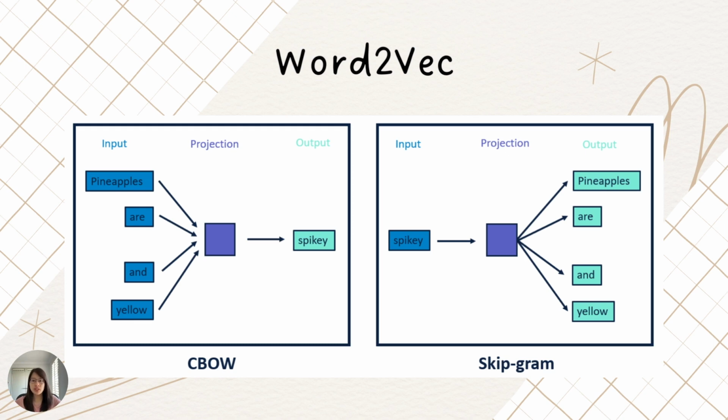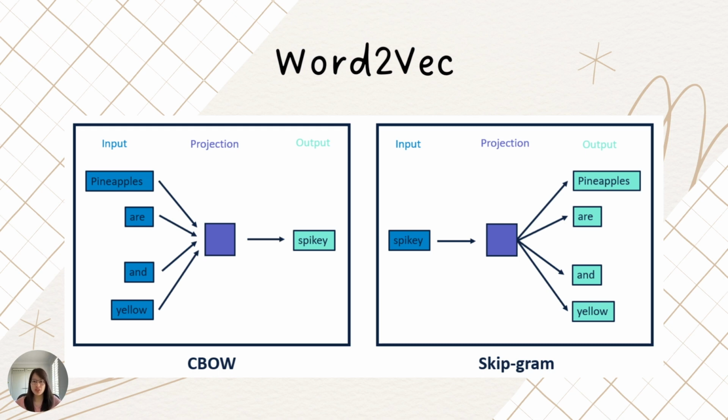The CBOW model learns word embeddings by predicting the center word based on its context, which is the diagram on the left, and skipgram learns word embeddings by predicting the context or surrounding words of the center word. Now, word-to-vec trains a shallow neural network.